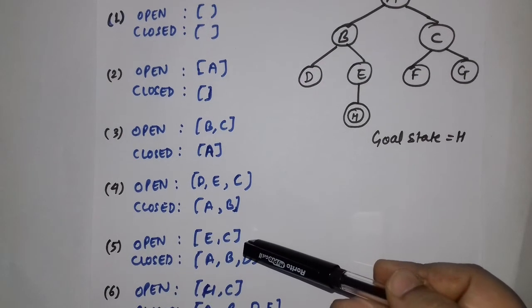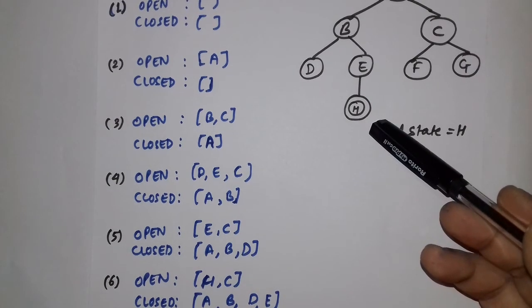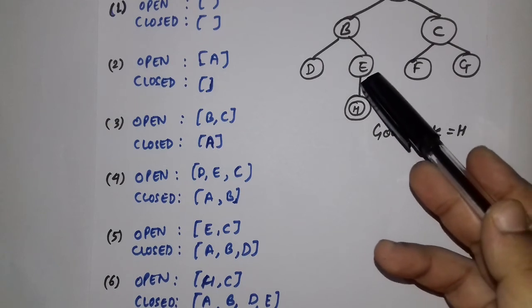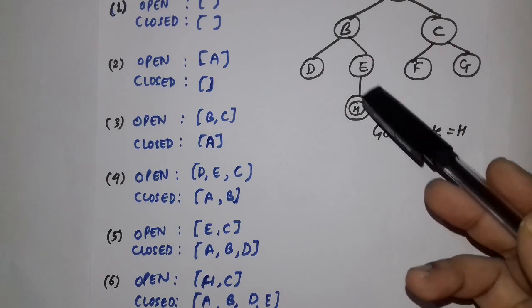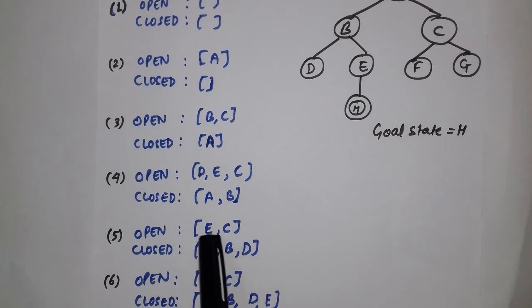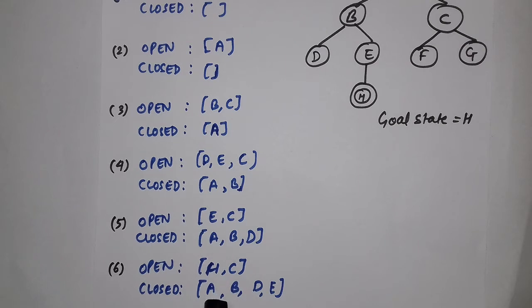After that, as soon as we move to E, E has a single child, that is H, and now we will move E to the closed list and H will be written to the open list. So E is here in the closed list, and H is written here from left to right, and C was the remaining element. So in the open list here are H and C, and in the closed list A, B, D and E. I hope these steps are clear.